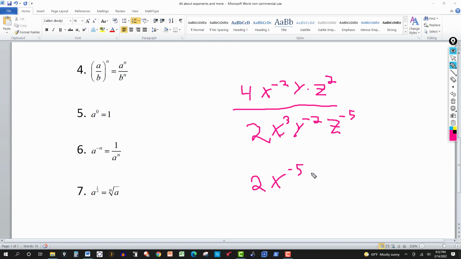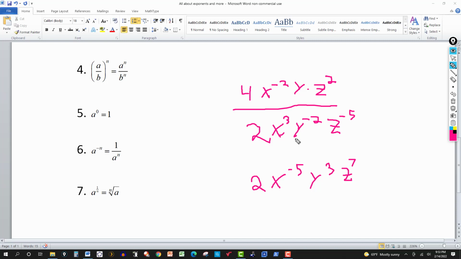I bring the other base, y. Then remember the exponent on the y, it doesn't have one, it should be 1. So 1 subtract a negative 2. When you subtract a negative 2, it changes to a positive, so 1 and 2 is 3. And then the next one, z and z. Bring down the base, that's z. 2 subtract a negative 5, that's a positive 5, so this would be 7.